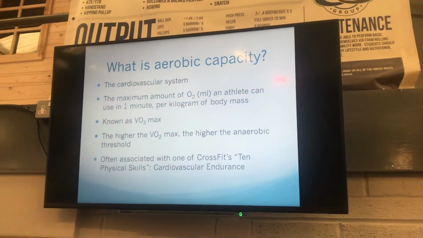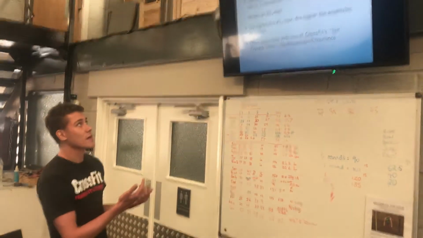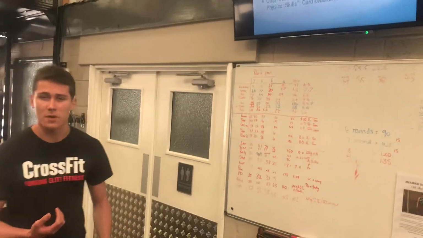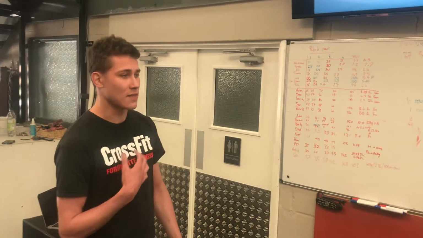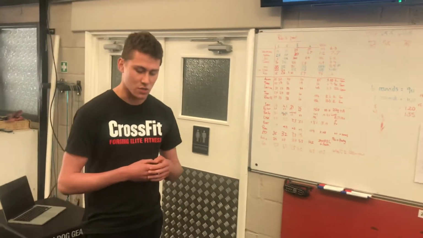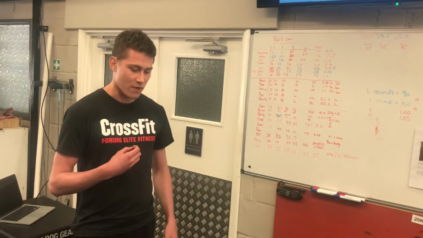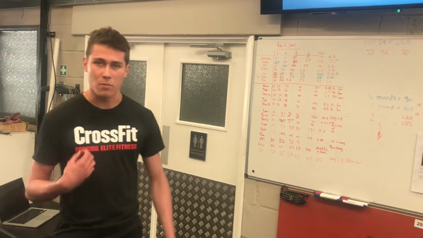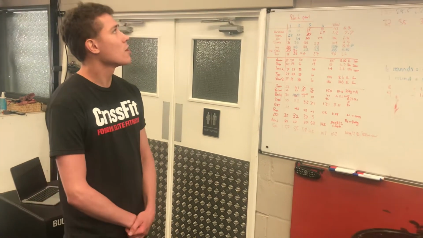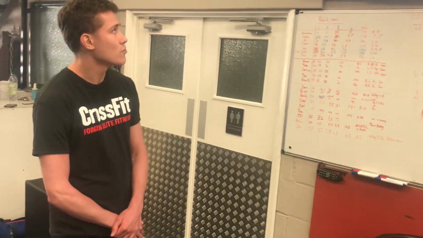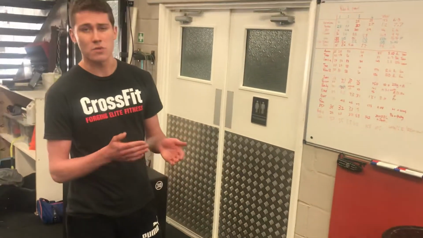First of all, I'm going to talk about what aerobic capacity is for me. When we talk about aerobic capacity, we're talking about the cardiovascular system. That's the heart and the lungs and how they work together to provide a source of oxygen to our body, to our muscles when we start working. Aerobic capacity can be measured through something called VO2 max.